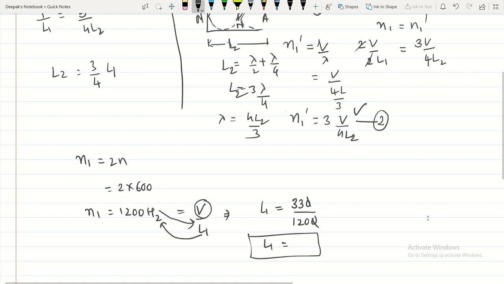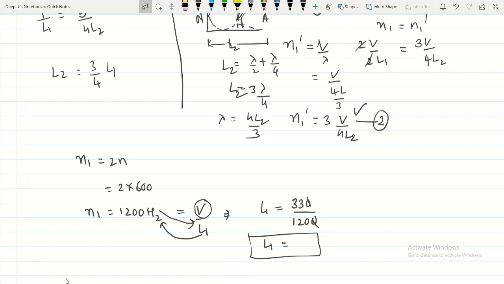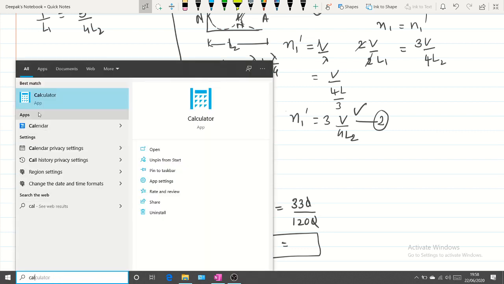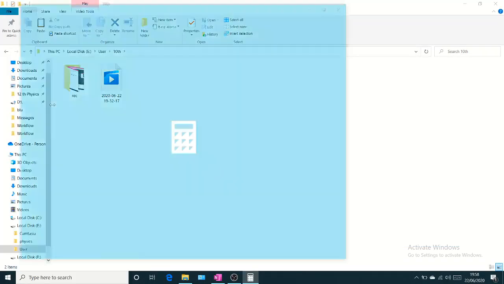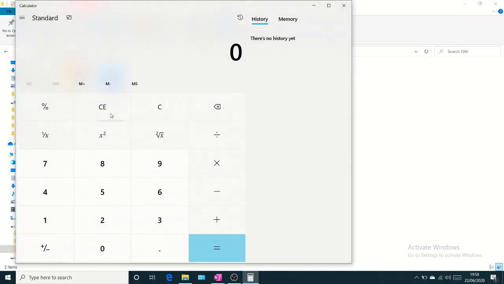If you just divide, okay, I'll divide for you. I'm taking the calculator. Even with the help of bare calculation also you can do it. 33 divided by 120, that is equal to how much? 0.275.